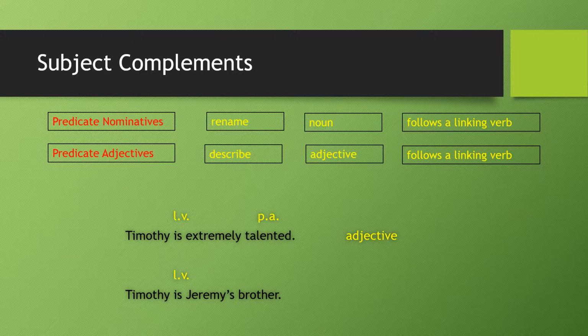It's describing Timothy, so it's a predicate adjective. In the second sentence, Timothy is Jeremy's brother. Brother is a noun. It is describing Timothy, so it is a predicate nominative. And this is how we tell the difference between the two.